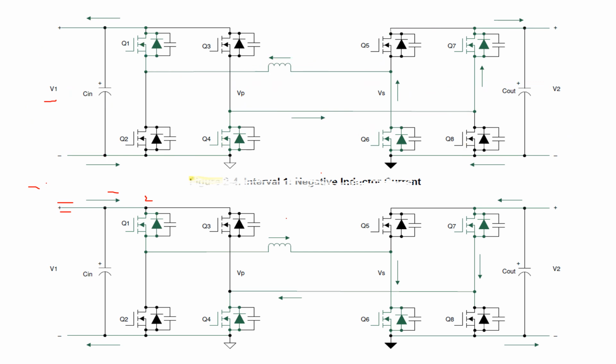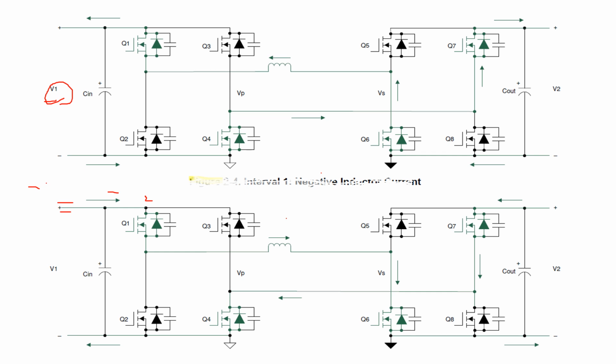So during the third interval, the inductor current starts ramping down from the positive peak to the negative value. In this interval, the voltage across the primary is negative V1. So this voltage is now negative V1. And the voltage across the secondary is V2.